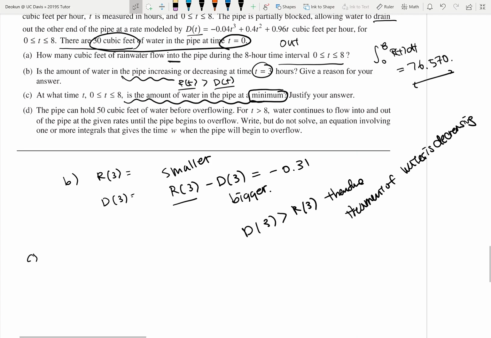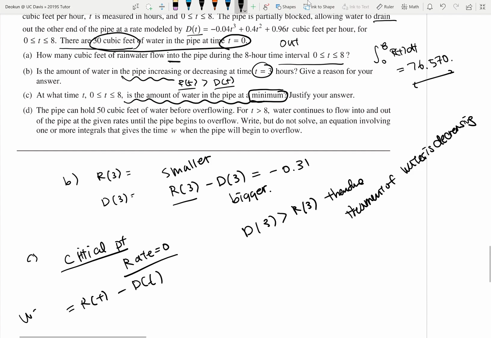So we know a minimum occurs at a critical point, and a critical point occurs when the rate is equal to 0. We're given two different rates, the rate going in and the rate going out. If you find the difference, that is our water level rate, the amount of water changing, and we want this to be 0.